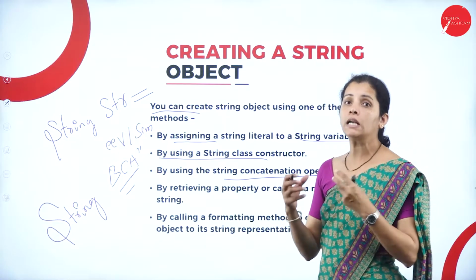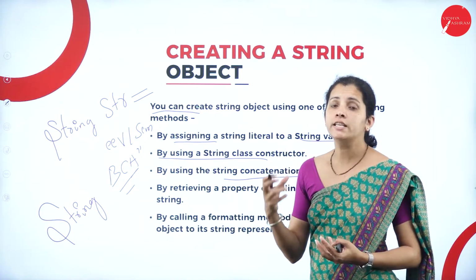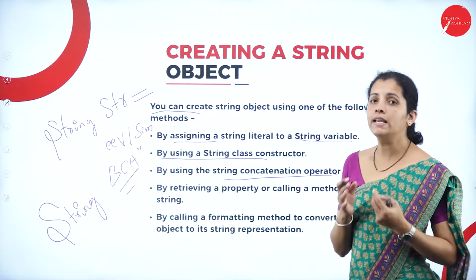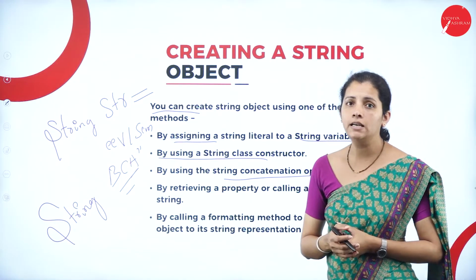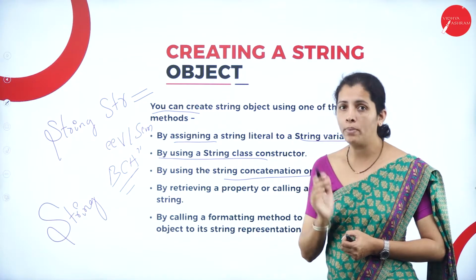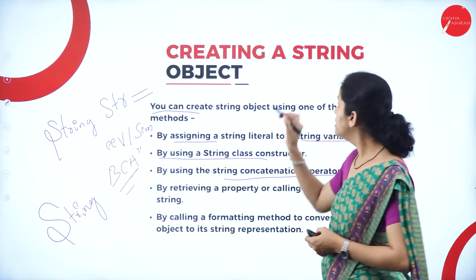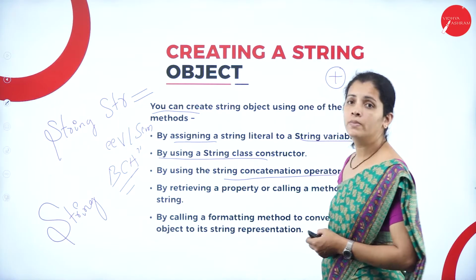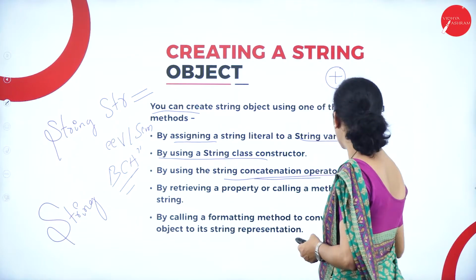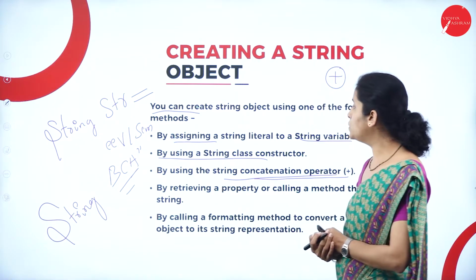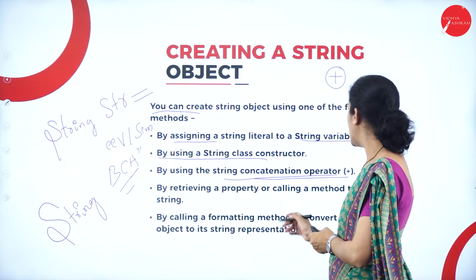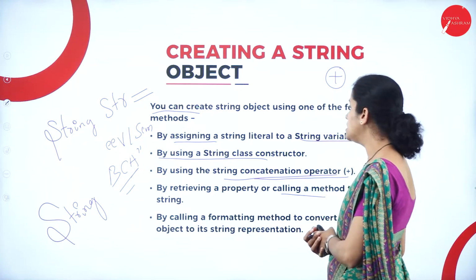Suppose if I want to club or combine two strings together, then I'm going to have the method called concat, and this method is present under the string class. Along with that, I can have the plus operator. So what is plus here? Here plus is used to define concatenation. So using the string concatenation operator, I can create a string. Now, retrieving a property and calling a method that returns a string.